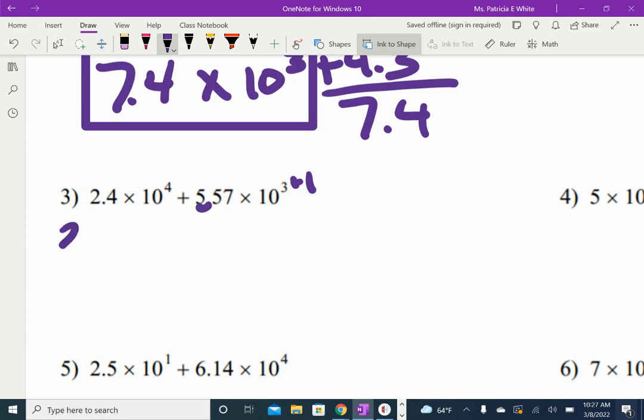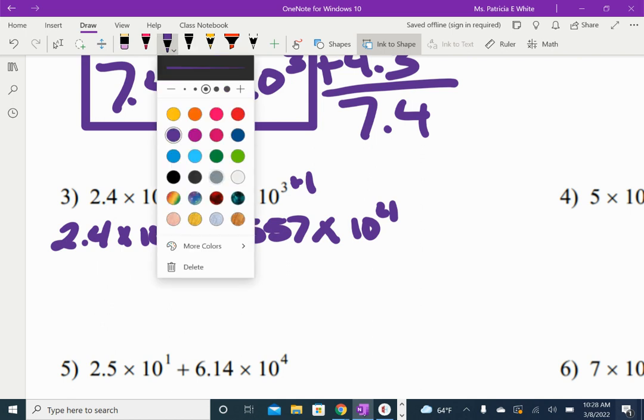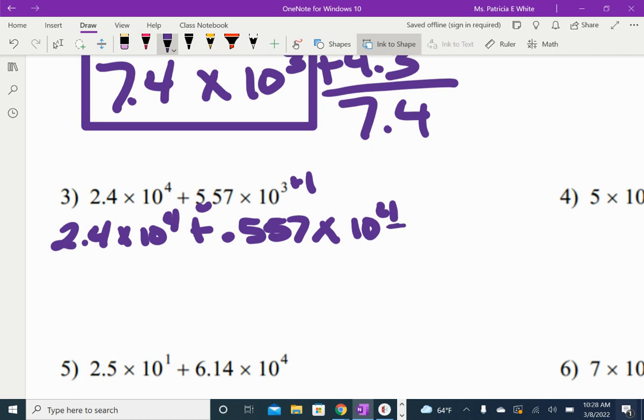So now I have 2.4 times 10 to the 4th plus 0.557 times 10 to the 4th. I added 1 here, so that became a 4. And to add 1, I had to move that to the left 1. Okay? So now my answer is going to have that times 10 to the 4th.